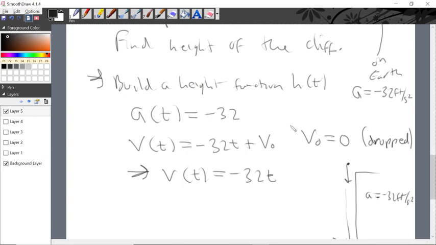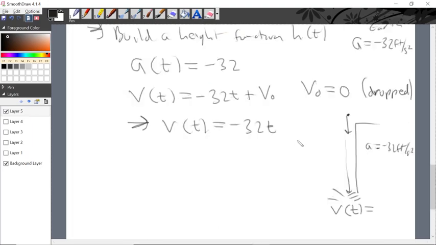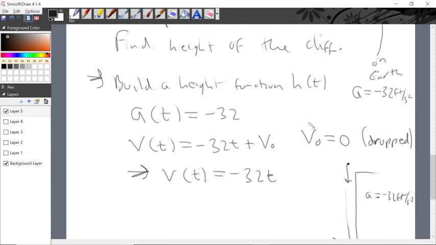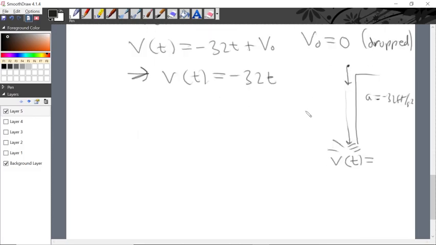Since the height is decreasing, as opposed to a distance function, if we're talking about this in terms of distance, what distance did the object travel, then we could make velocity and acceleration both positive, by the way. But if I'm building it as a height function, then I'm considering that the height is changing, becoming less and less, right? So the velocity would be negative.